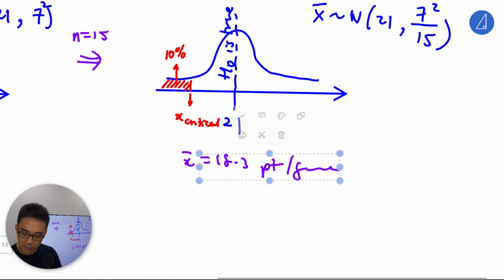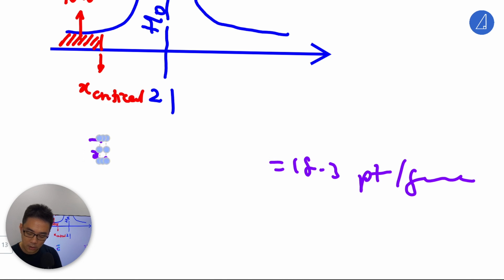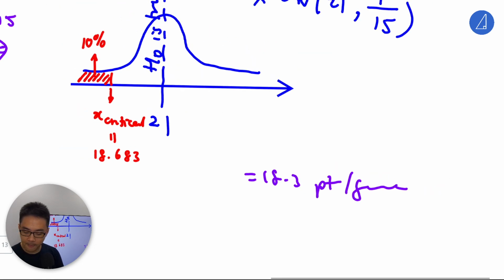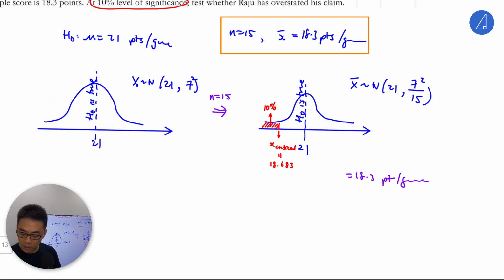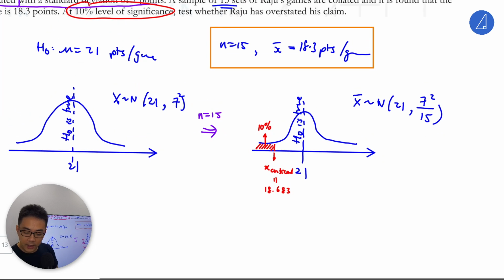So it's 18.683. Okay? Now, you ask yourself, is 18.683 in the critical zone or not in the critical zone?